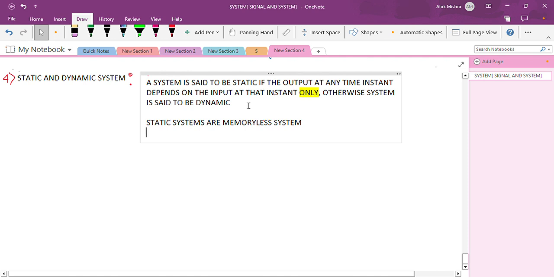It means it is unable to store the past value of the data. So if I'm asking whether your DVD or your pen drive is a static system or dynamic system?